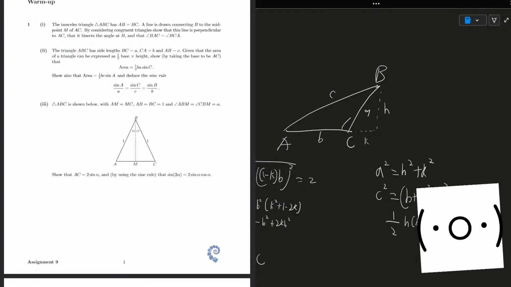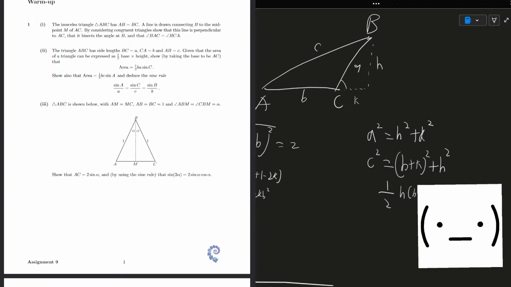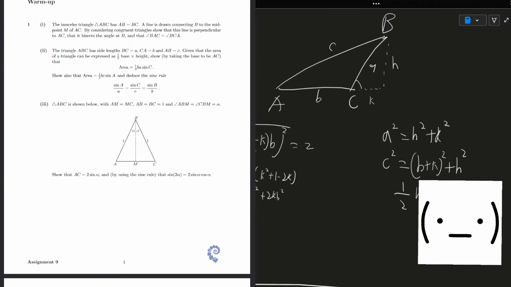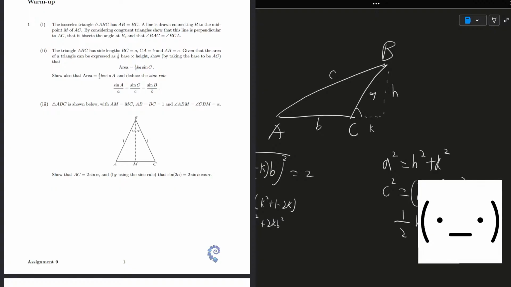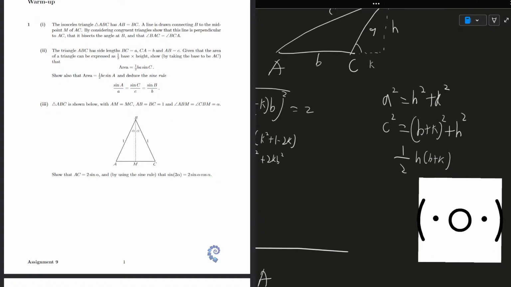Sine here doesn't mean anything. Sine here could. Yeah, sine here could be useful. Oh, I see the trick.